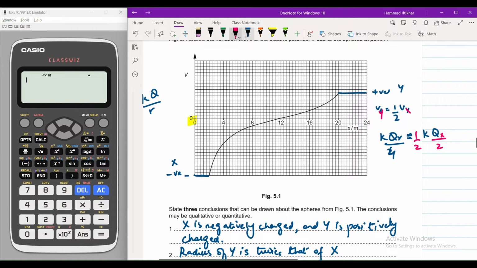Let's establish a connection between them. So k gets cancelled. This is 4, this is also 4, this is also Qx. So that means Qy is approximately equal to Qx. As we can see, this is not exactly equal, because if it was exactly equal, it would be over here. But these are approximately equal.